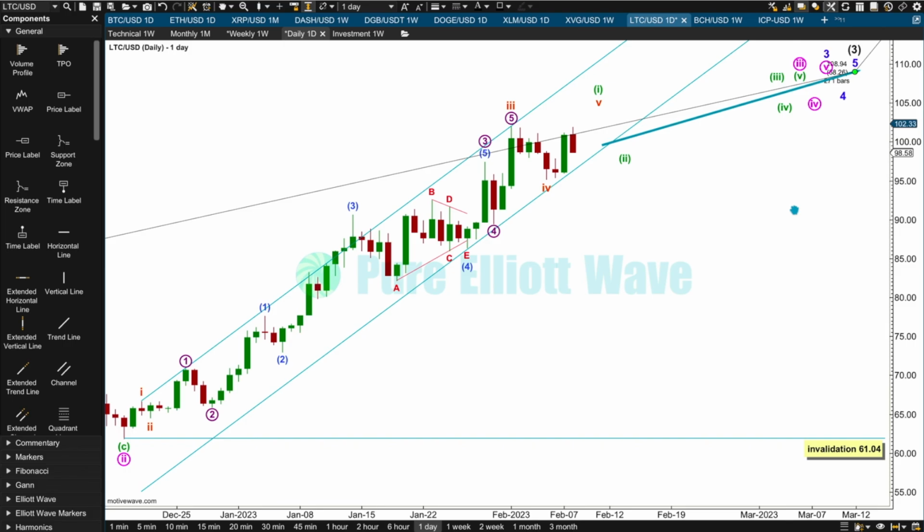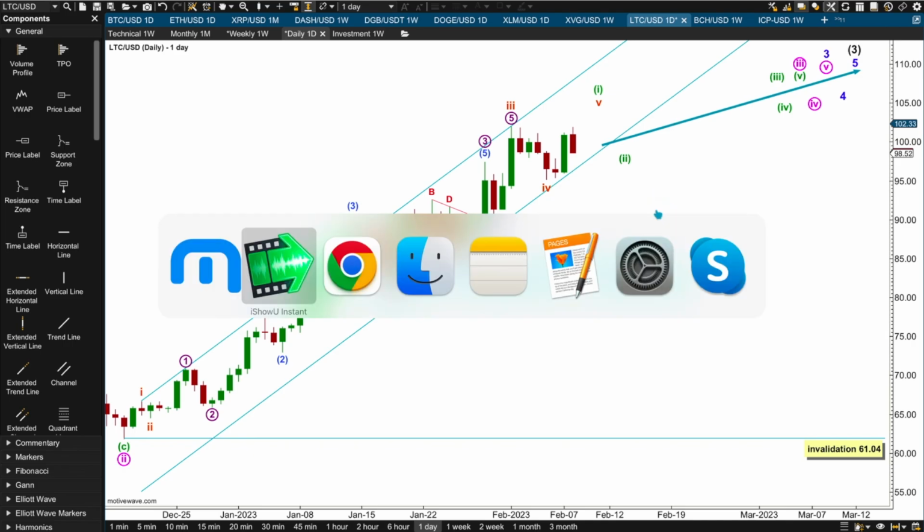At very high degrees, at cycle, supercycle, and primary degree, we should be reasonably about right, particularly for bullish movements. But at lower degrees, you're going to have more flexibility. I hope that makes sense. That's my analysis for Litecoin done.